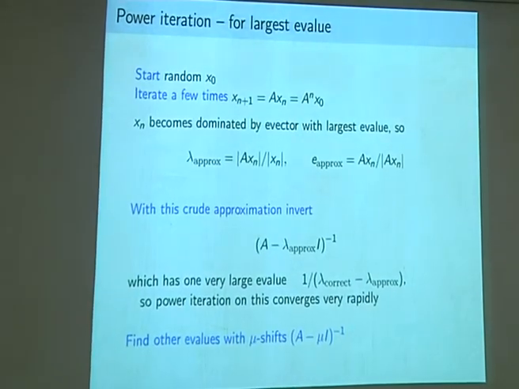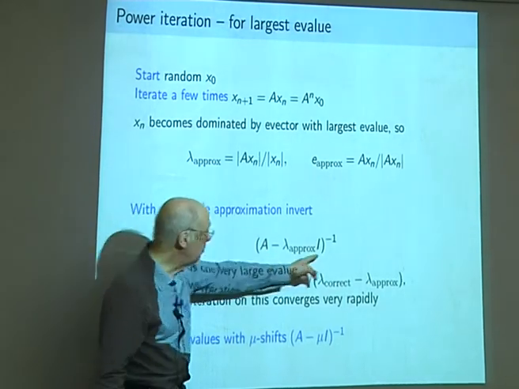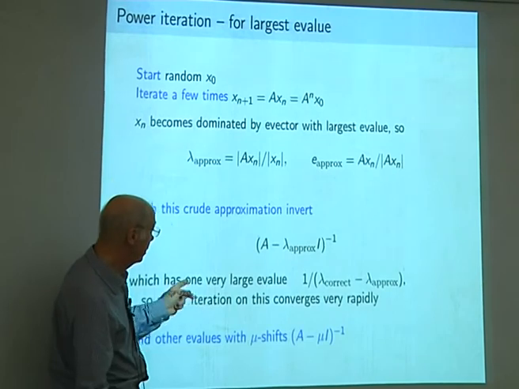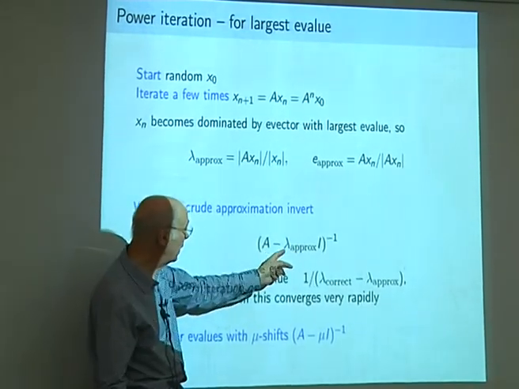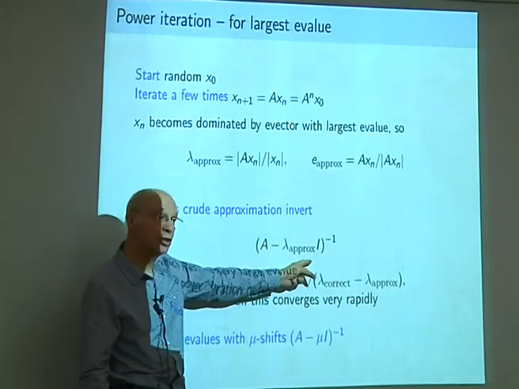Now, you have a moderate approximation. You could consider the matrix A minus this approximate eigenvalue times I. Now, the largest eigenvalue in this direction of A minus lambda I is going to be the true eigenvalue minus the approximate one.